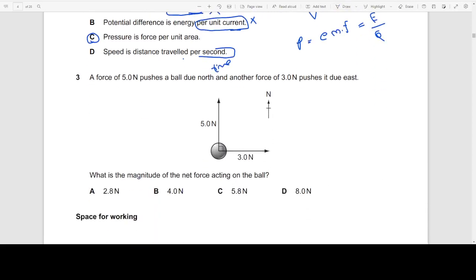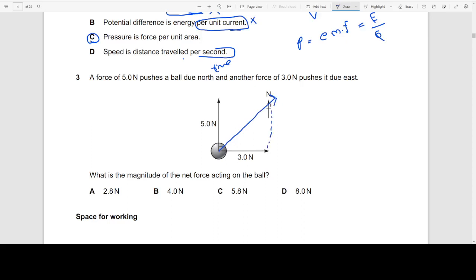A force of 5 Newton pushes a ball due north, and another force of 3 Newton pushes it due east. What is the magnitude of the net force acting on the ball? We just have to find the resultant, and resultant is going to be something like this.